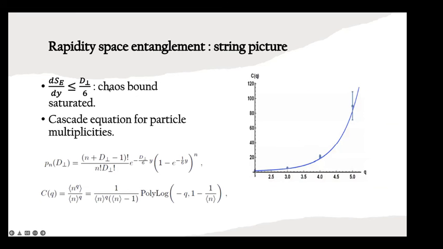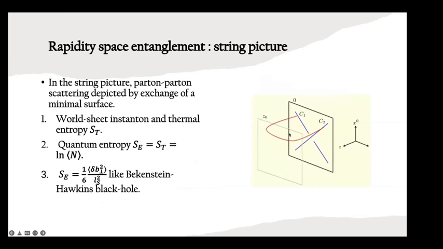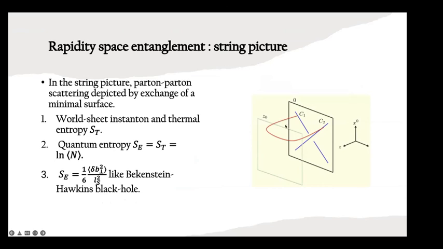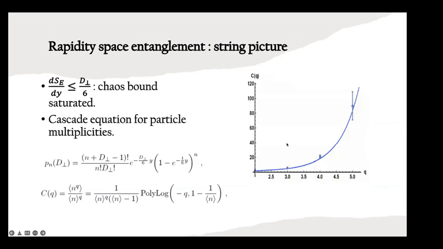And finally, we can investigate this quantum entanglement entropy corresponding to the exchange of the string. And in this non-conformal situation where there is a wall and where this impact parameter is large, the string is mostly lying along the wall. And in this case, we can show that this entanglement entropy grows at the speed, roughly speaking, d perp over 6, which is the so-called chaos bound.